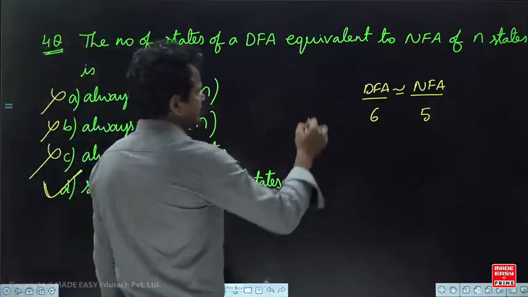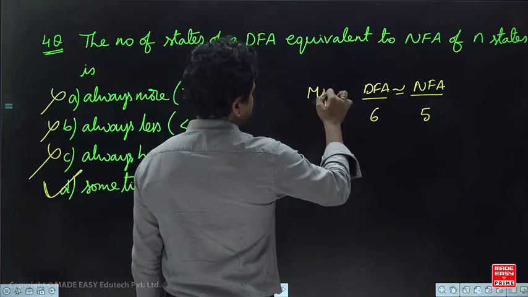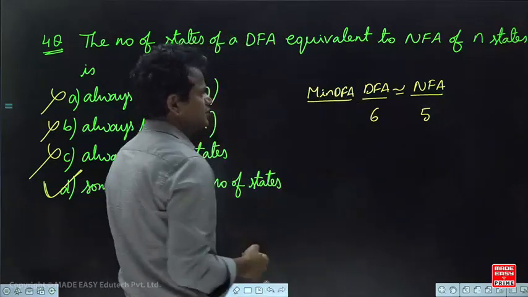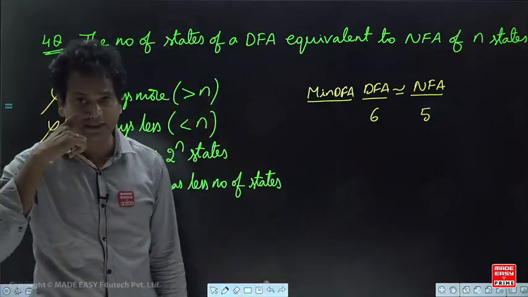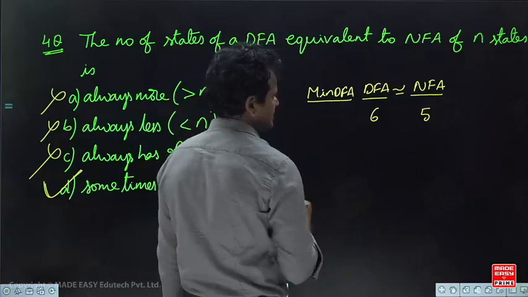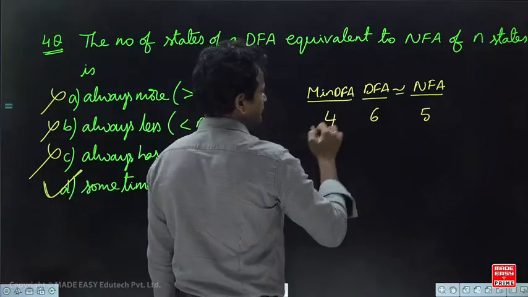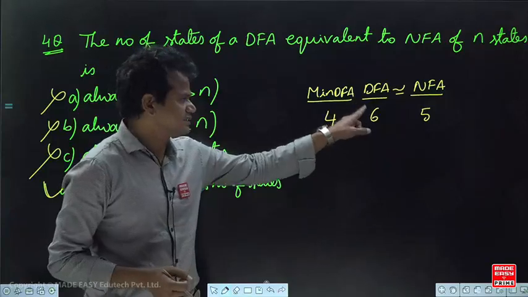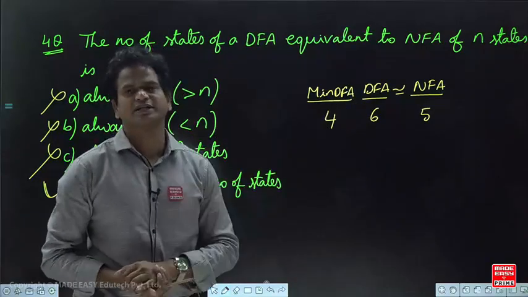I got 6. Then there is a procedure, minimization of DFA. Using the minimization of DFA, I have reduced the DFA of 6 states into 4 states.